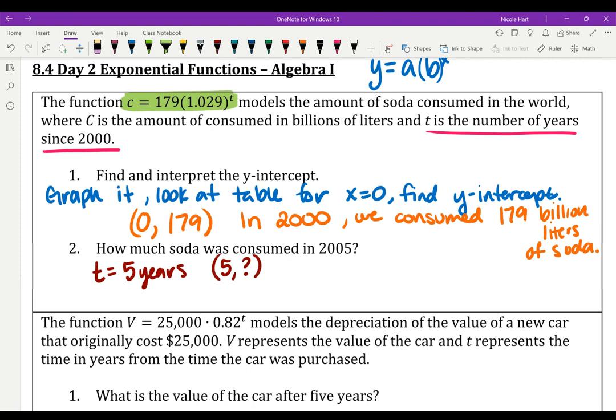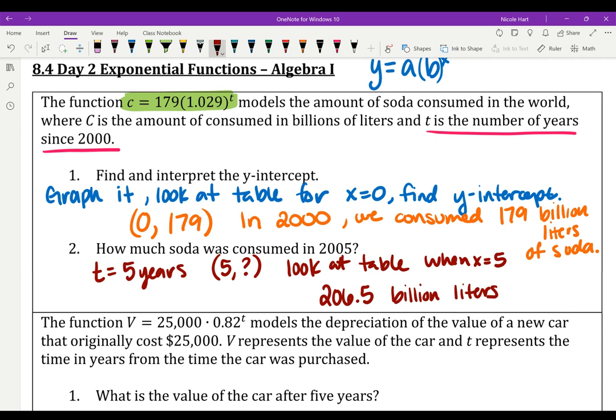So you can look at the table or plug in x is 5 for the equation and see what it gets to. And we get 206.5 billion liters of soda. A lot of soda, y'all.